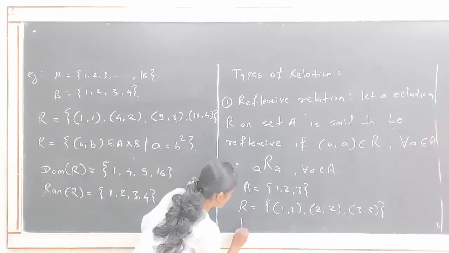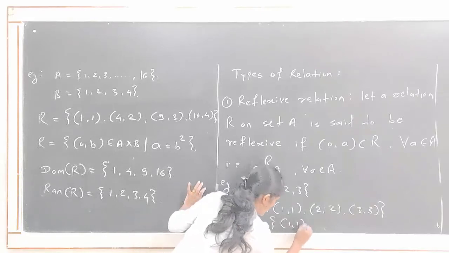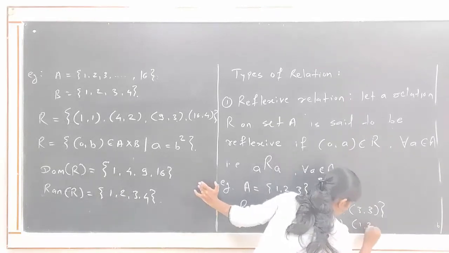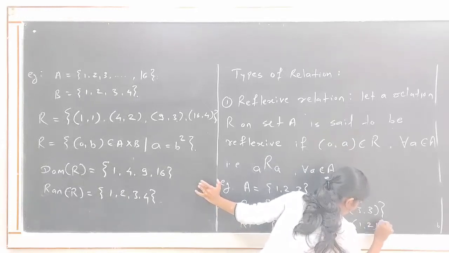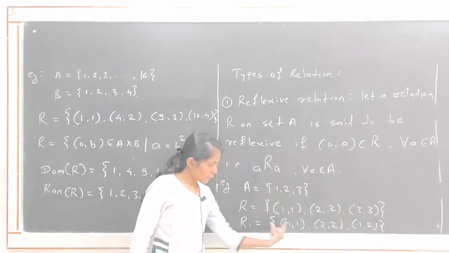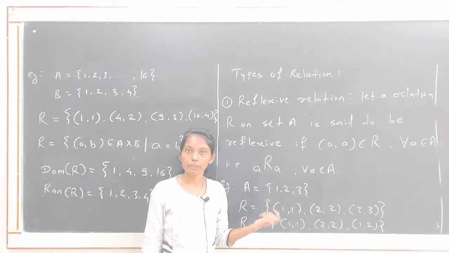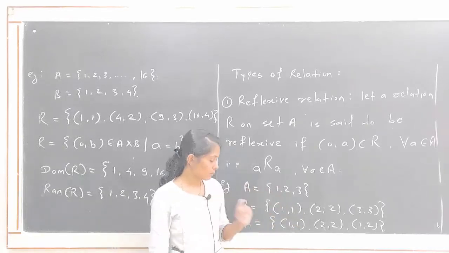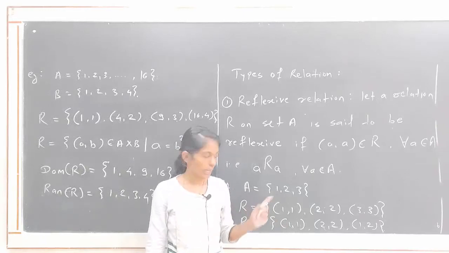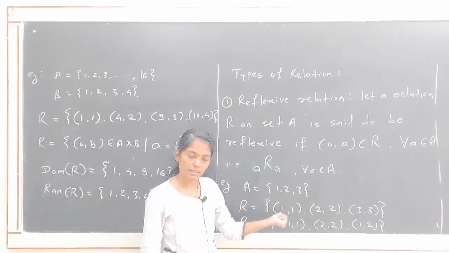Now if we consider R1 = {(1, 1), (2, 2), (1, 2)}. Here in R1, (1, 1) and (2, 2) belong to R1, but (3, 3) does not belong to R1, hence R1 is not reflexive. Since (1, 1), (2, 2), (3, 3) belong to R, R is reflexive.